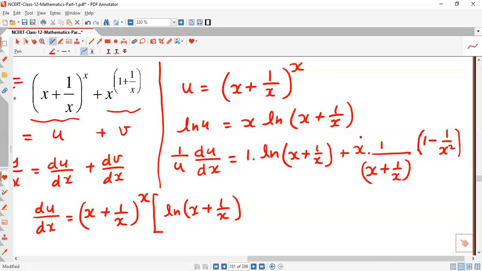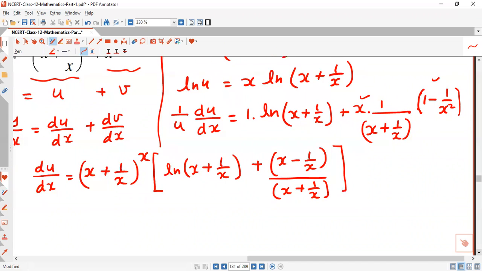So I will take this x multiplied by this part, x minus 1 upon x, divided by x plus 1 upon x. This bracket closed. So here this may be simplified, but is there a need of any simplification further? I think not too much is needed.